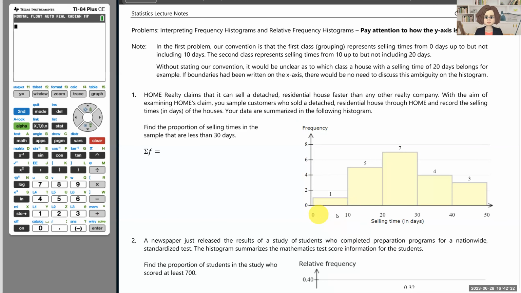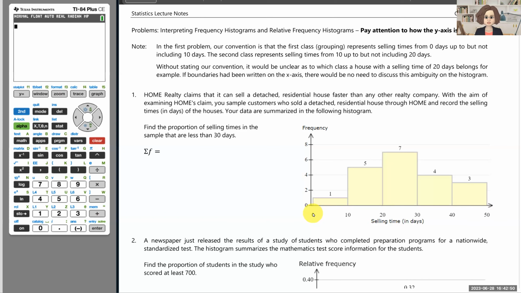So they did not use the boundaries on the x-axis as we've learned to do. So you'll see these numbers aren't ending in 0.5. The problem with that is there's a little bit of ambiguity as to how to read the histogram.